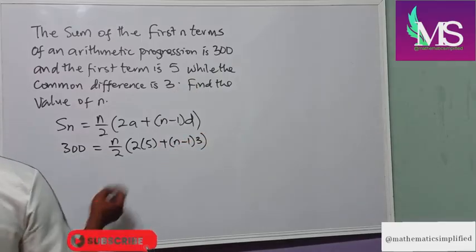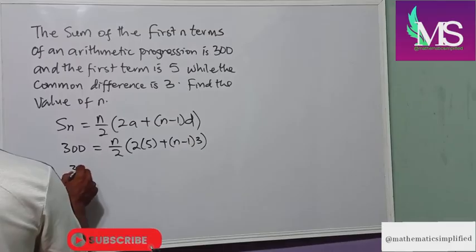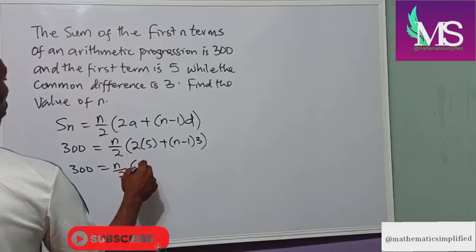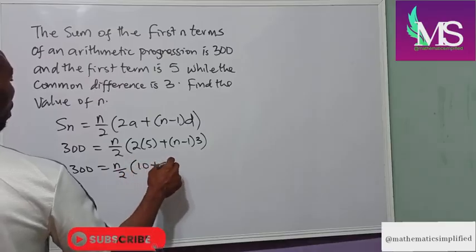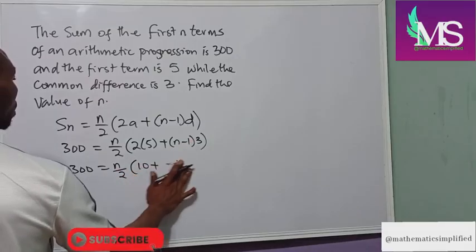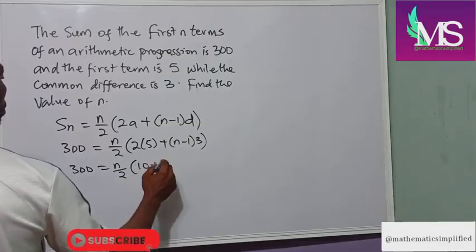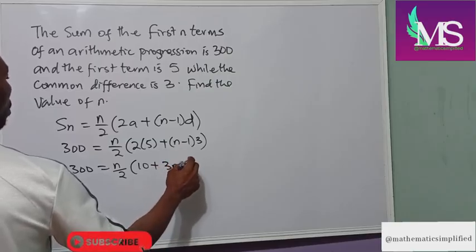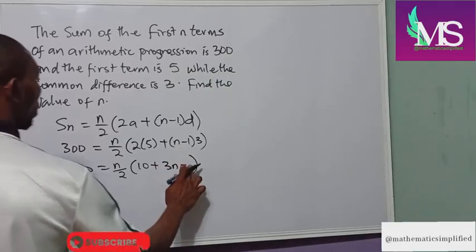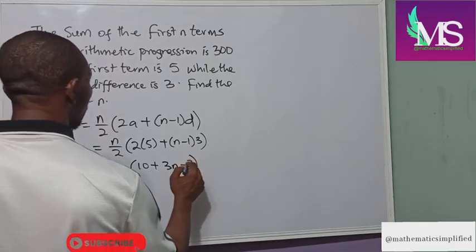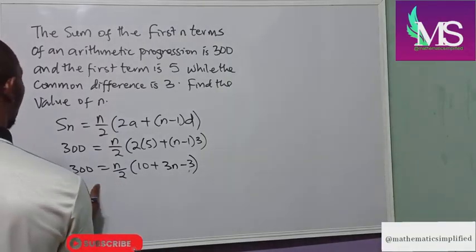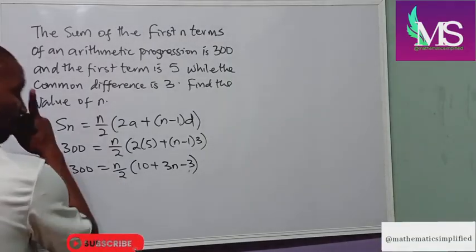So now, opening this up, this becomes 300 equals n over 2, 10 plus n minus 1, 3 times n will give us 3n minus 3 times 1, 3.